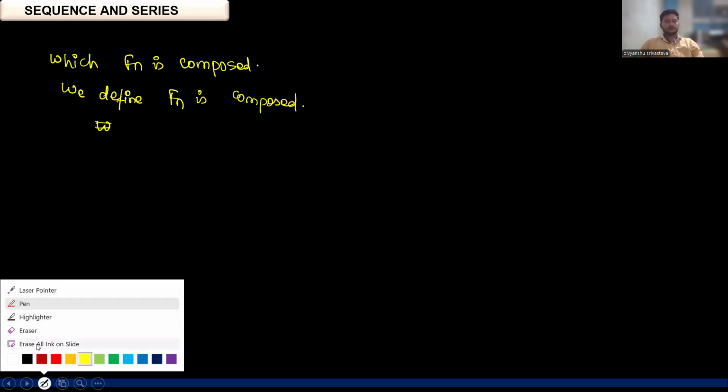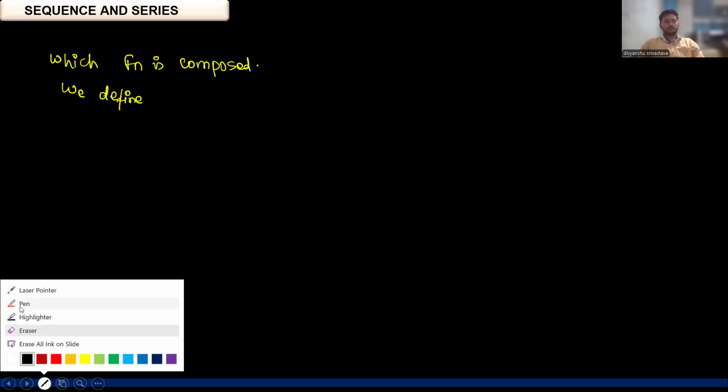So here we define the Cantor set K as K is equal to the union from n equals 1 to infinity of Fn.